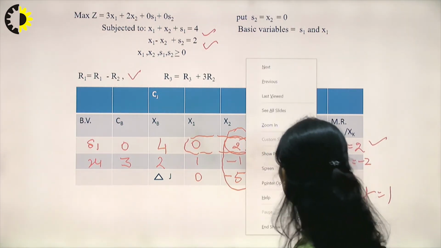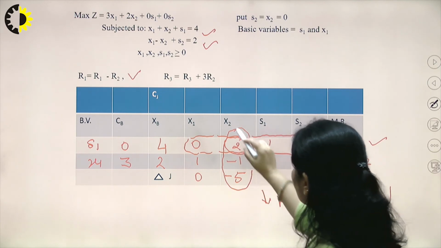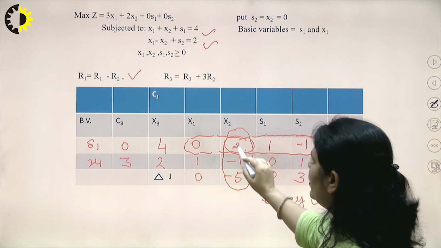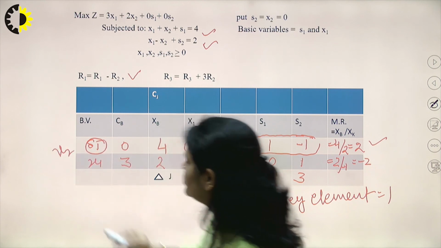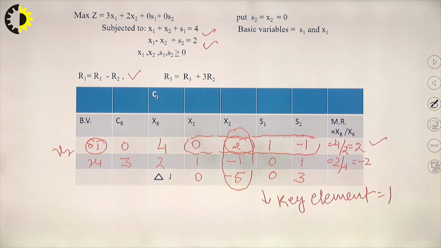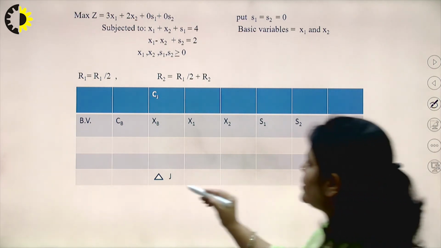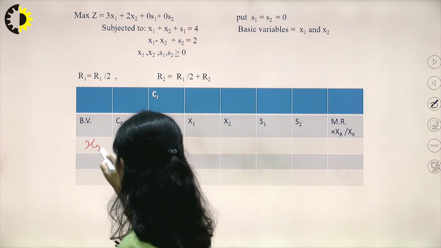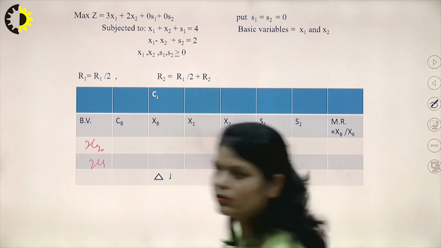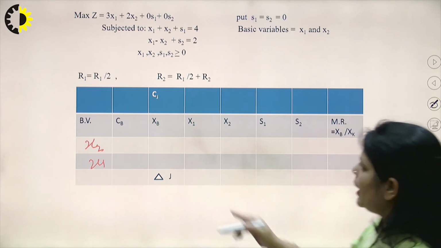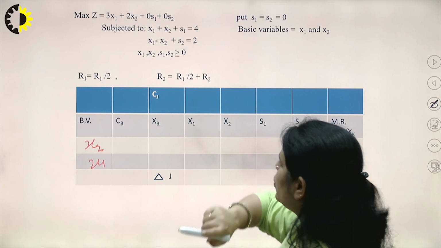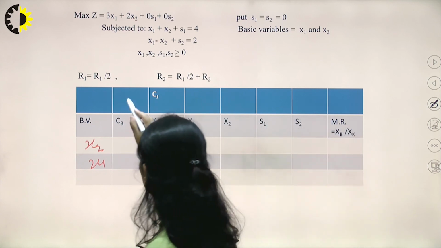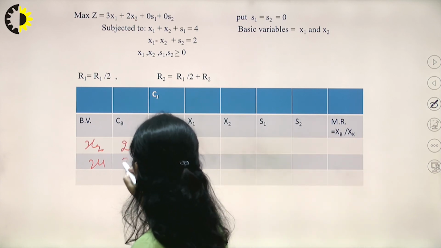So the variable against this is x2, means this s1 will be replaced by x2. Clear? So now our basic variables will become x2 and x1. Clear? And the coefficients of these basic variables in the objective function are 2 and 3.